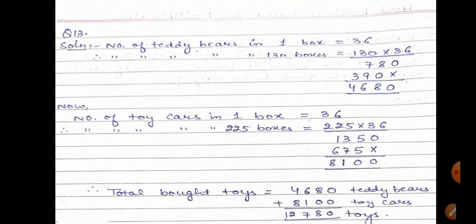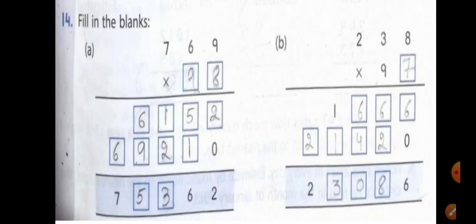So we have to add these two. So we will add 4680 teddy bears plus 8100 toy cars. So we get total toys are 12780.